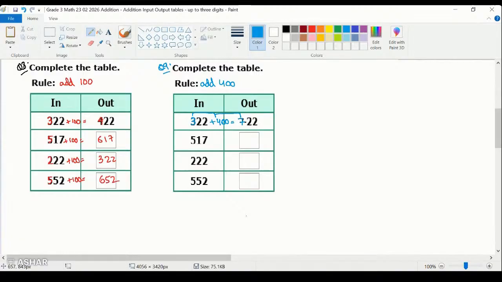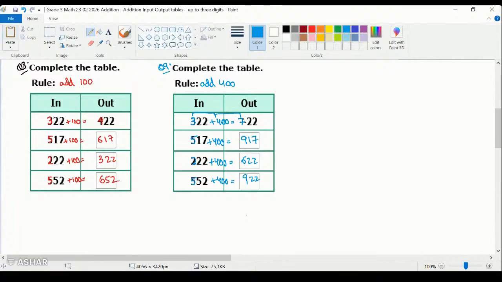Let's do it together with everyone. Plus 400. 5 plus 4 is 9, right? Only the 100th position is changing. 622 plus 400, that would be 5 plus 4, 922.